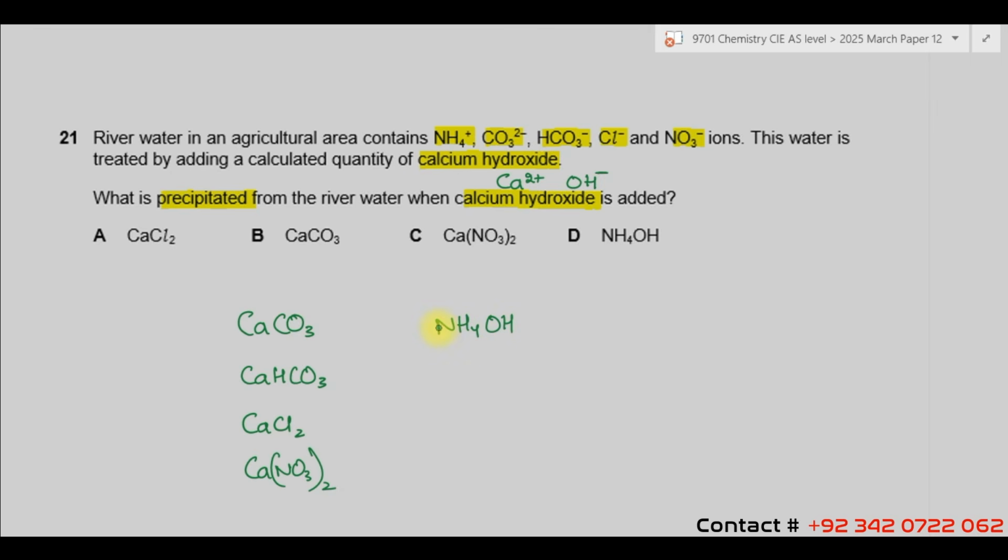Okay, let's look at the solubility. Calcium carbonate is insoluble. It is given as part B. Calcium bicarbonate is not given. Calcium chloride is soluble. All nitrates are always soluble. All ammonium compounds are also soluble. So this is soluble, this is soluble, this is soluble. The only thing left which is precipitated out is calcium carbonate.